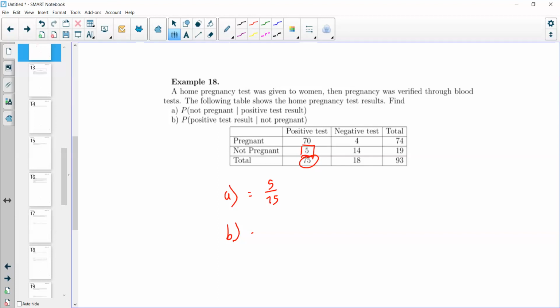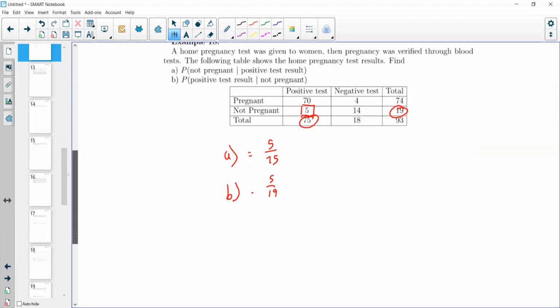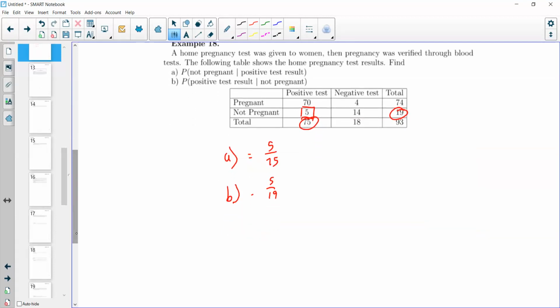So how many people were not pregnant? And how many of them got a positive test? Very good. See the difference? Even though it really looks to be the same, it's different probabilities because it's based on what has already occurred. Any questions so far?